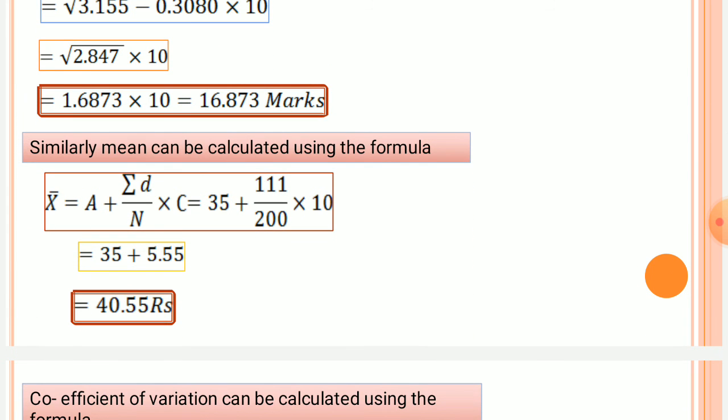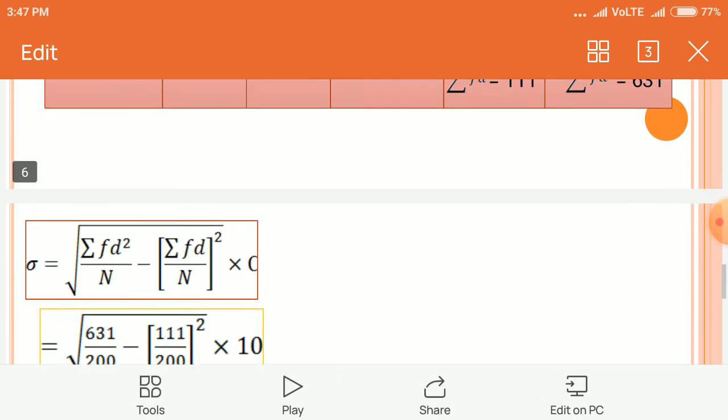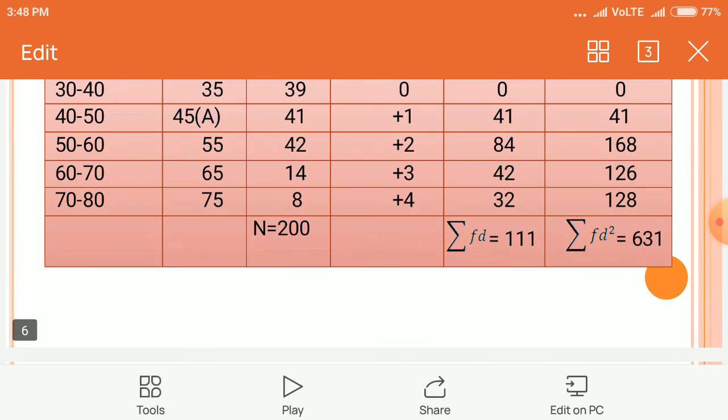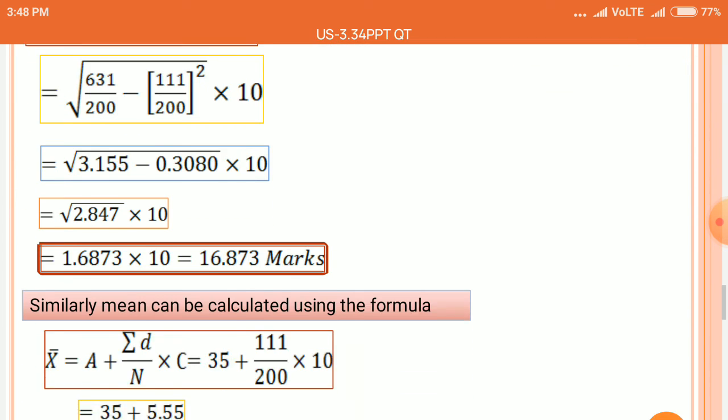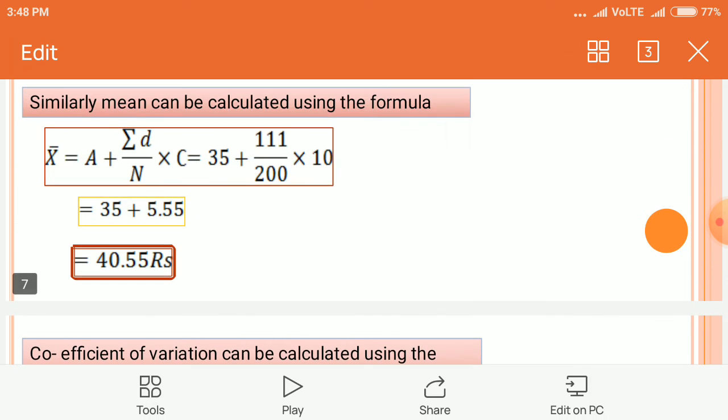Now similarly we have to calculate arithmetic mean. Arithmetic mean is equal to A plus sigma fd dash by n into c, is equal to assumed value 35 plus sigma fd dash 111, divided by n, total frequency 200, into 10.